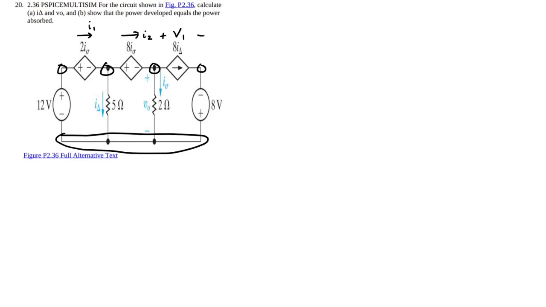Anyway, the number one thing we're going to do is consider this closed loop right here. We're going to start up here and make a loop of all the voltage gains or losses across this loop. Let's call this loop 1, KVL 1.